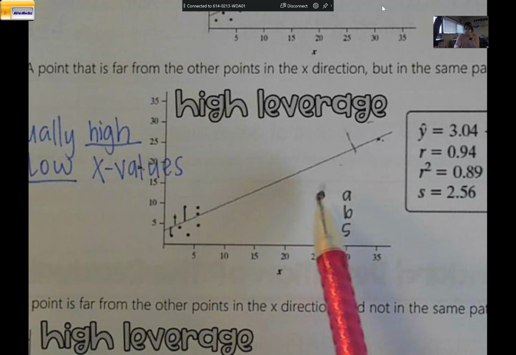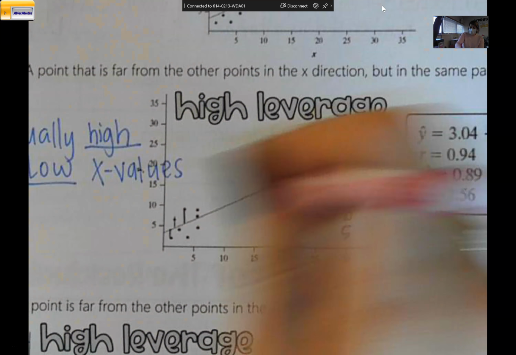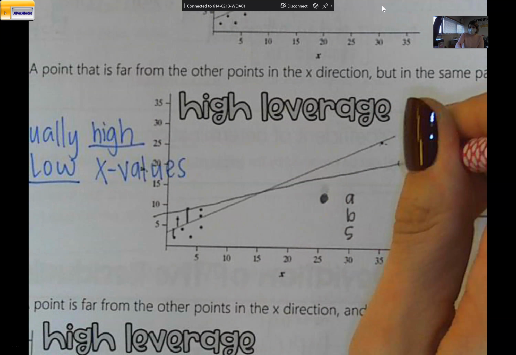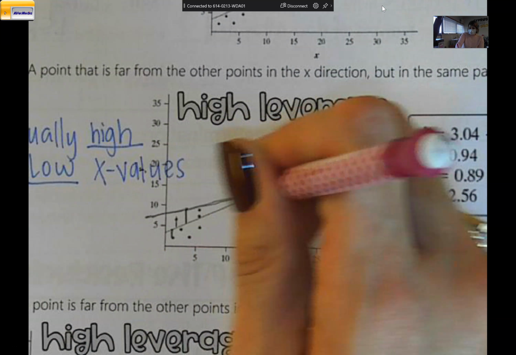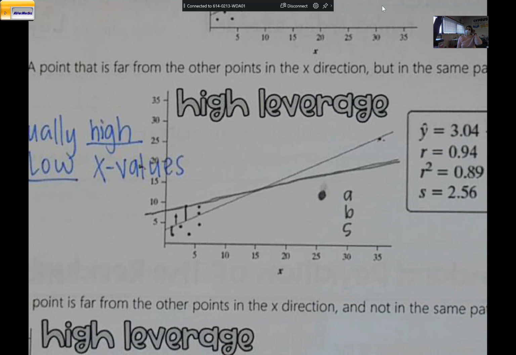So if you have a point here, what that's going to do to your line is flatten it out a little bit. Now, I'm exaggerating the effect that this would really have, but the idea is the same. It's going to flatten your line out. I think maybe I'll highlight that.